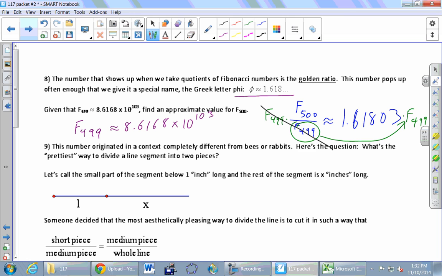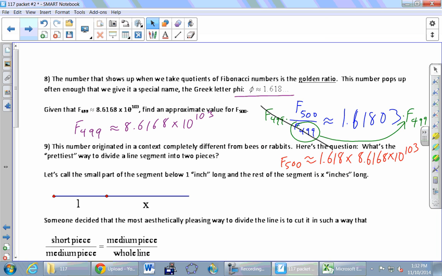Okay, fair enough. Let's see if we can do that calculation. We're supposed to take this 1.618 and multiply by that crazy thing over there, 8.6168 times 10 to the 103. It makes sense because all we're saying is that to get to the next Fibonacci number, just keep multiplying by this magical phi thing, and it should get you pretty close.